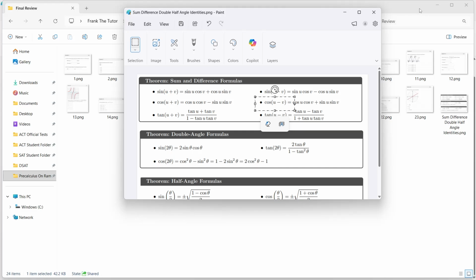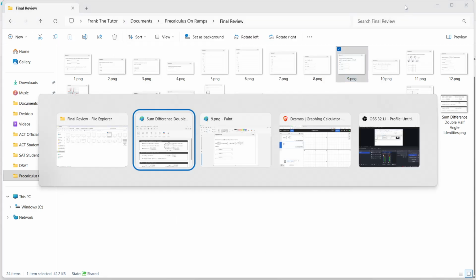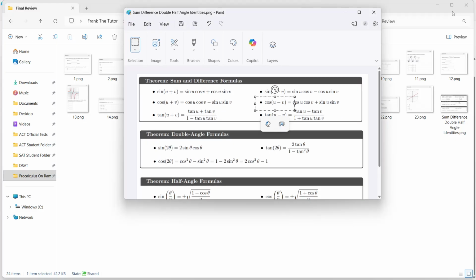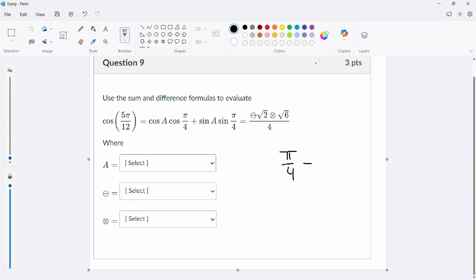So I know that something minus something equals 5 pi over 12. So it's pi over 4 minus, oh yeah, A is the first one. It's u minus v, cosine u cosine v plus sine u sine v. So the u goes first.